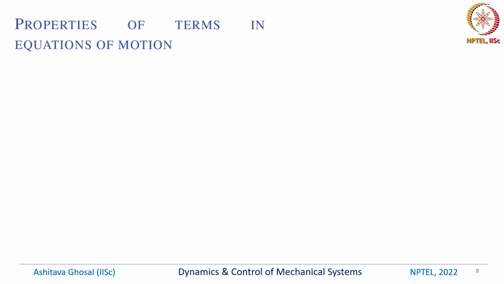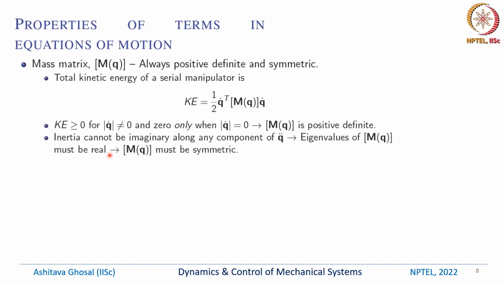Let's look at some of the properties of the terms in the equations of motion. The most important property of this mass matrix is that it is always positive definite and symmetric. And how do we prove that? You can show that the total kinetic energy of a serial chain, or any serial robot, is given by KE equals half q dot transpose M times q dot.